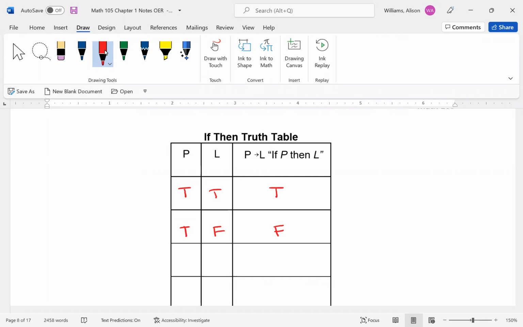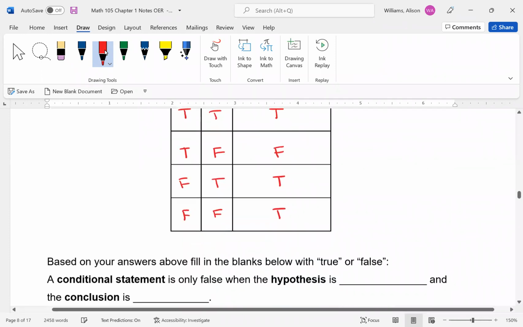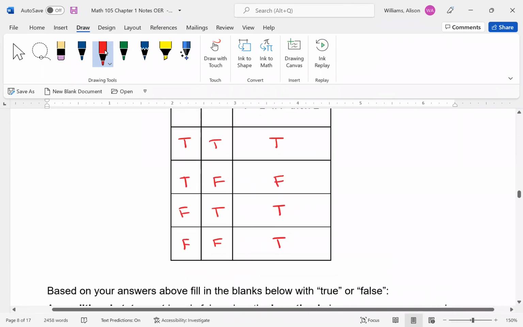So the conclusion did not follow from the if statement. If the first statement happens to be false, but the second one true, that's okay. Your coach didn't lie to you. They just didn't talk about what would happen in that case. And that's true for the last case too. If both are false, the coach still didn't lie to you. So this is how we build the truth table for an if-then statement.